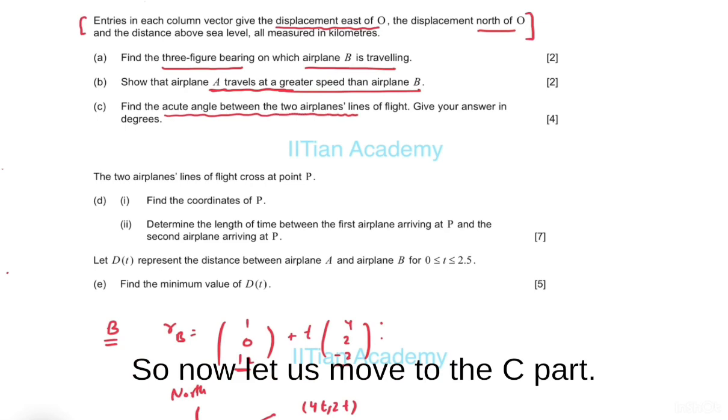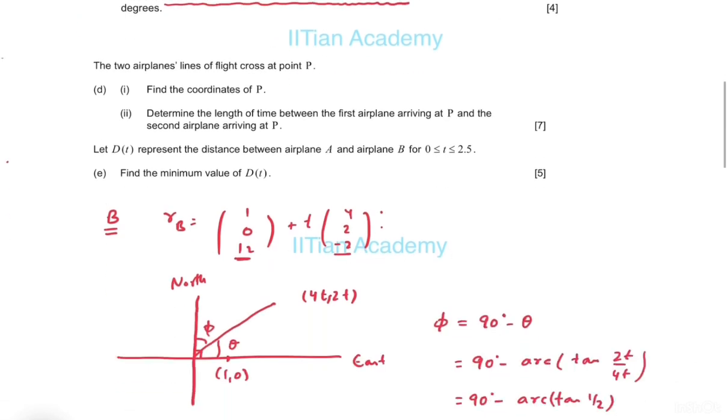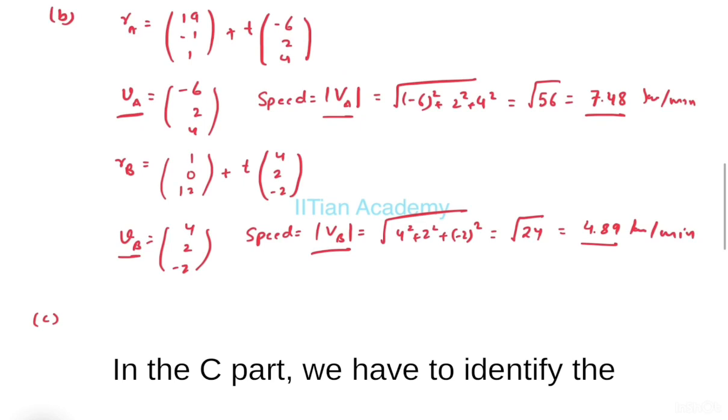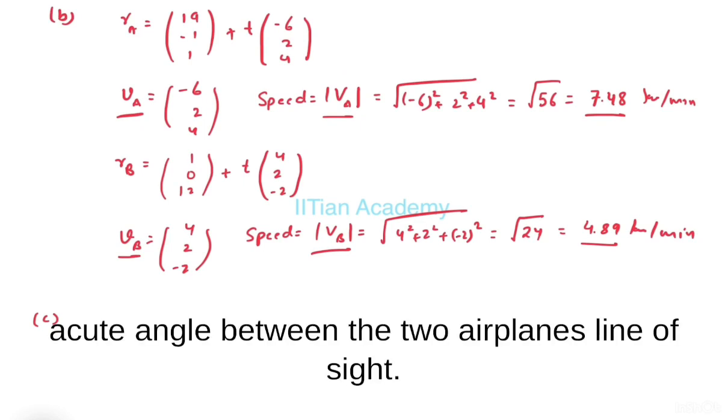So now let us move on to the C part. In the C part, we have to identify the acute angle between the two airplanes' lines of sight.